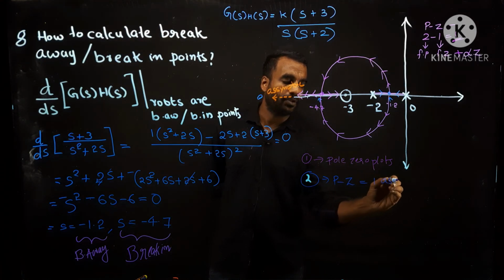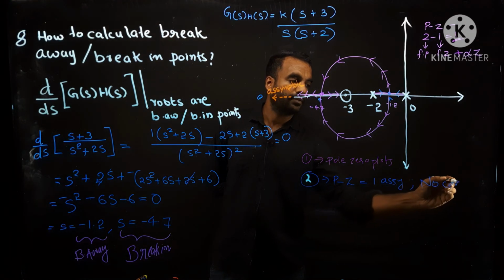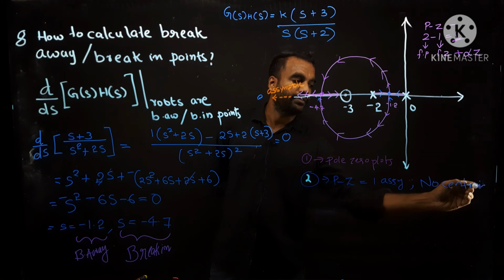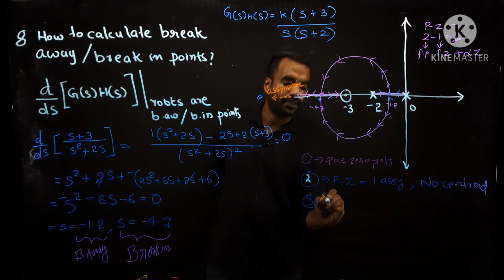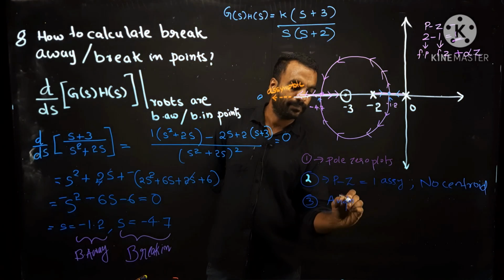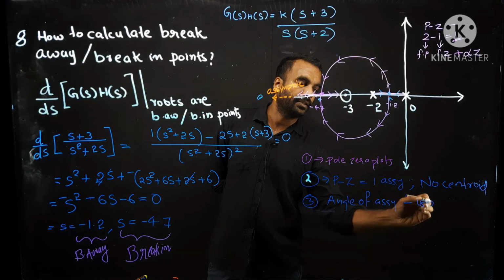As there is only one asymptote, no centroid, no need of calculating the centroid. Third, for the one asymptote, you calculated the angle of asymptote, and you got it as 180 degrees.